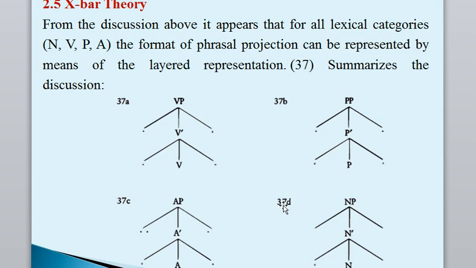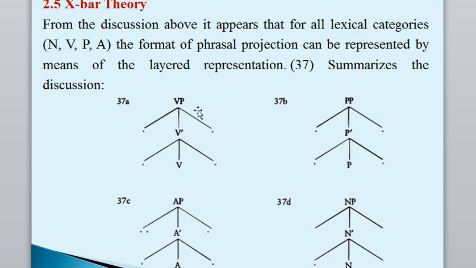Look at this, it summarizes the discussion. This is the verb phrase. This is the adjective phrase, prepositional phrase, and noun phrase. You see here, we have two lines in each node. One of them, for example, is the word order of the English language. The other is, for example, for the Japanese language.